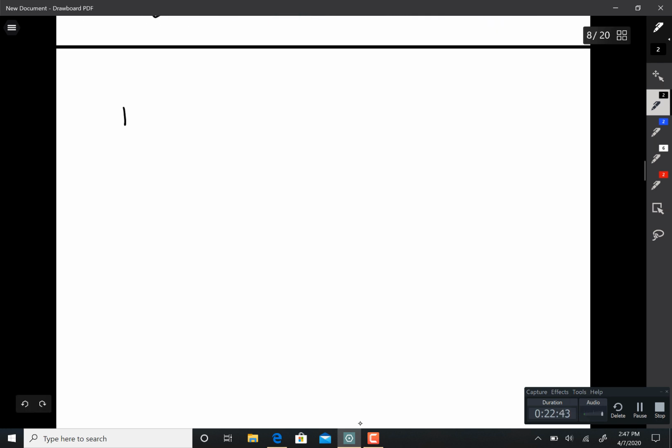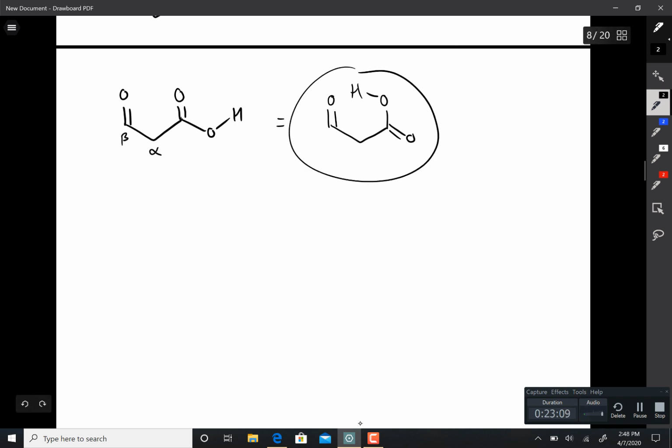What a beta keto acid is, you have a carboxylic acid. Here's the alpha carbon, here's the beta carbon. You have a carbonyl on the beta carbon. And that is key, because what you can do with this motif is draw the structure like this. And when you have a structure like this, it decarboxylates upon heating.